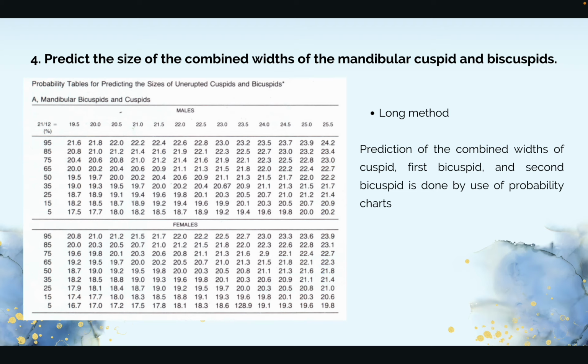This means that of all the people in the universe who have lower incisors measuring 22 mm, 75% will have cuspid and bicuspid widths totaling 22.6 mm or less. The value at the 75% level is chosen as the estimate since it has been found to be the most practical from a clinical standpoint.